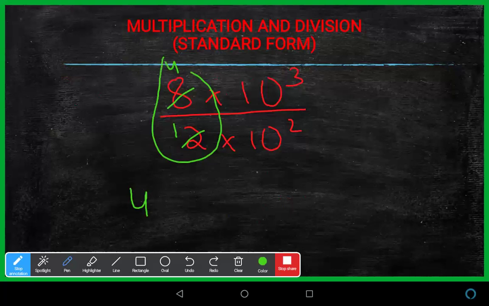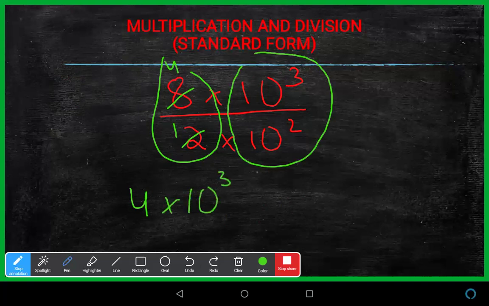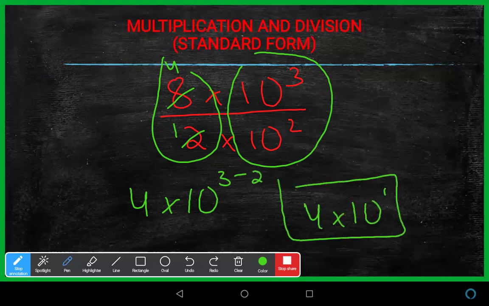Now, when the bases are the same and the two numbers are being divided, what is the rule of the laws of indices? The law of indices says the powers will be subtracted. So it will become 4 multiplied by 10 to the power 1. This will be the final answer because the decimal point is already after 1 digit. So you don't need to move the decimal point right or left. This will be the final answer.